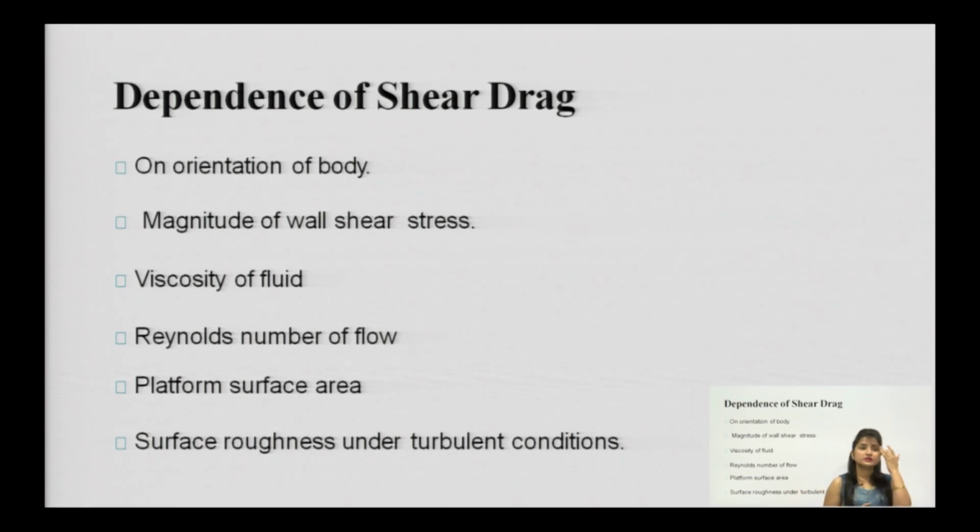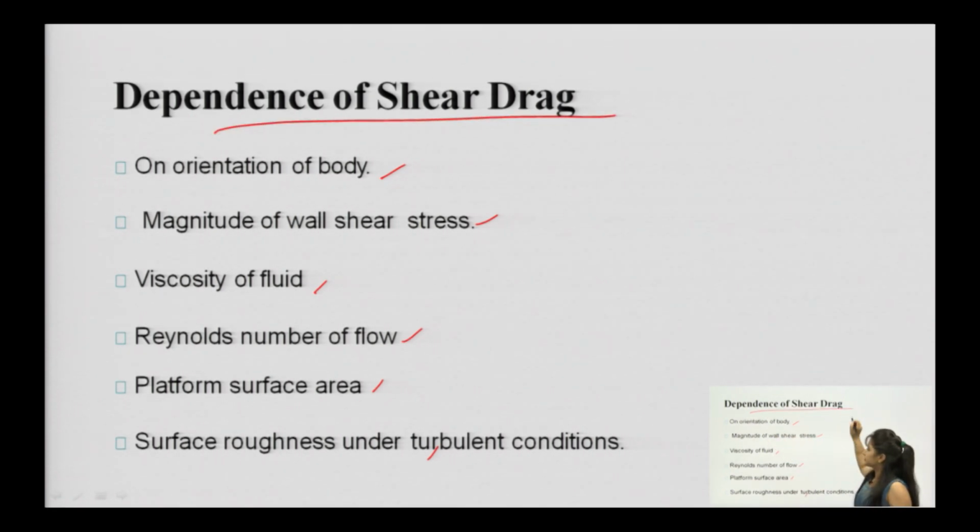Then the next one is surface roughness under turbulence conditions, which varies from one point to another. So, these are the major factors for calculating the shear drag: its orientation, magnitude, viscosity, Reynolds number, surface area and surface roughness.